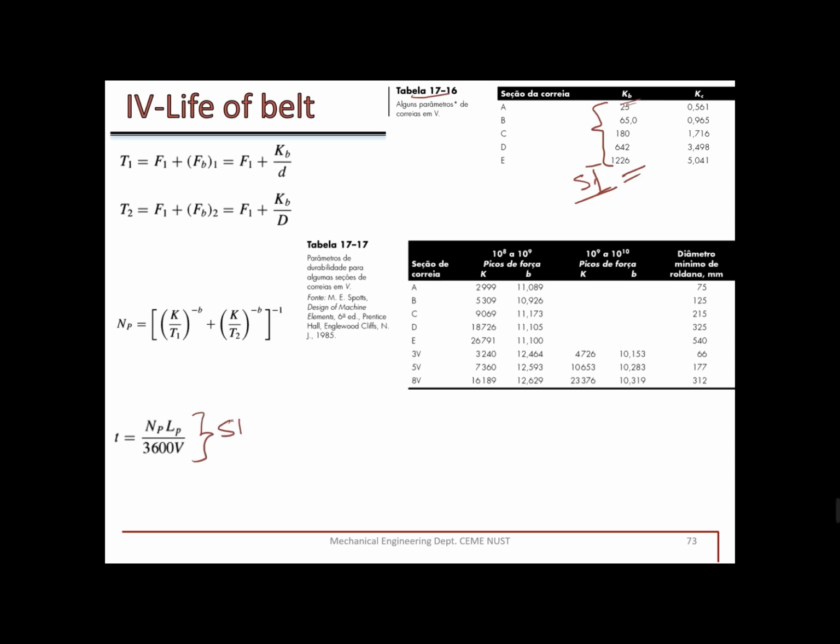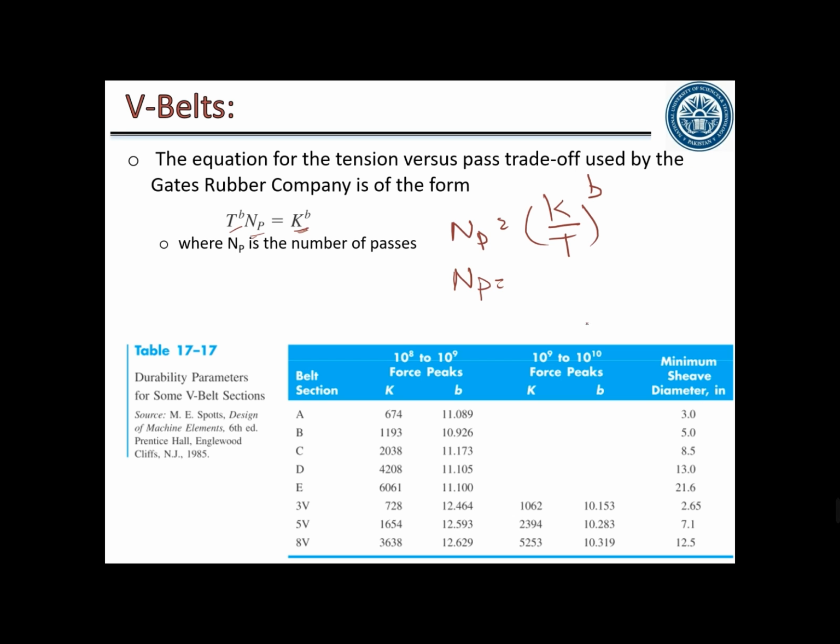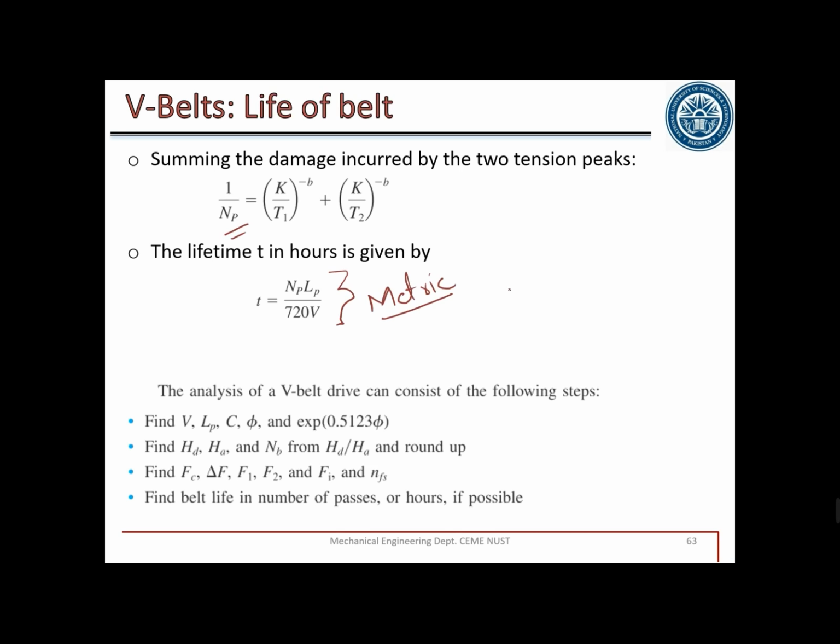If you have the number of passes, and the speed is in meter per second, the life will be in hours. So that's how you calculate the life of the belt, using this equation in the SI edition and this equation in the case of the metric edition.